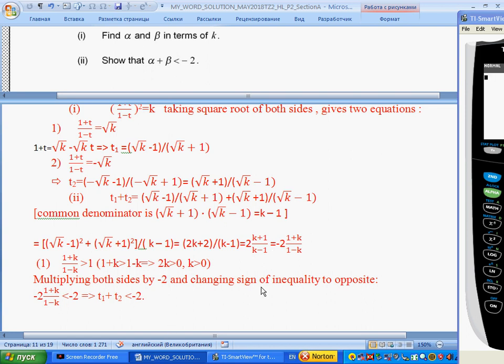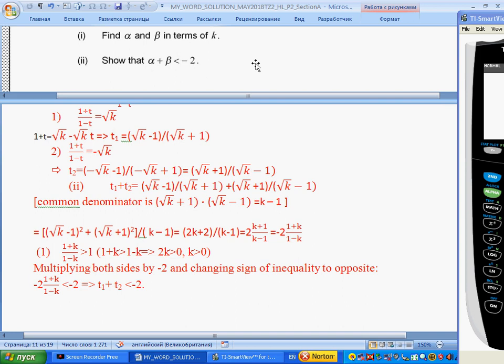So 1 plus k, 1 minus k is more than 1. Why? Because k is more than 0. As a result, the total expression is less than minus 1. So done.